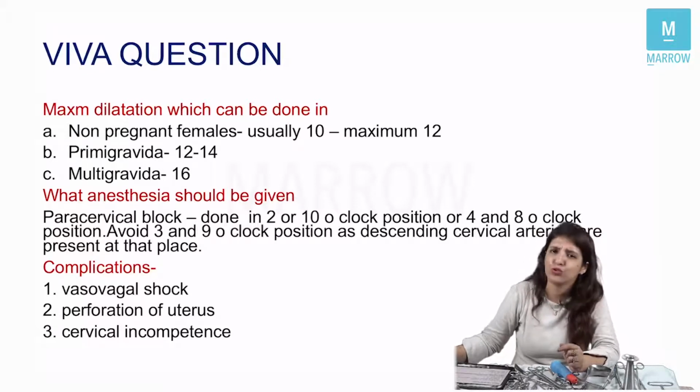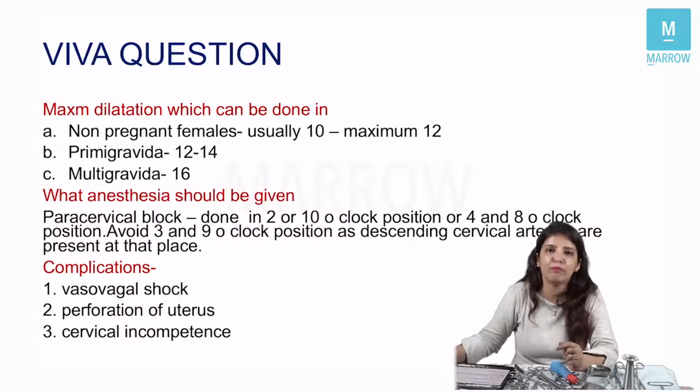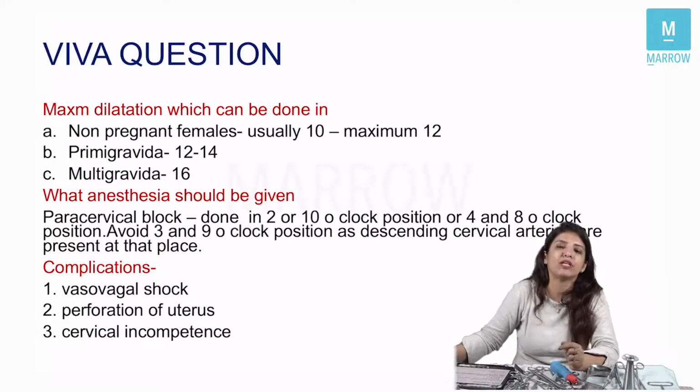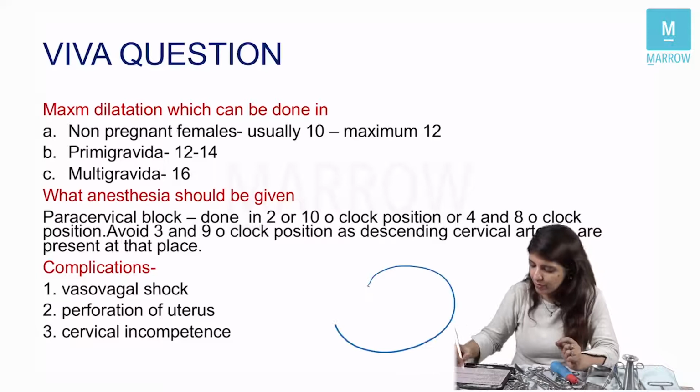Before you dilate, do you have to give any anesthesia? See, dilatation can be painful. So in order to prevent pain, you can give a paracervical block. Now, when you say paracervical block, the examiner is going to ask you at what sites do you give a paracervical block. So a paracervical block is given either at 2 o'clock and 10 o'clock position, or at 4 o'clock and 8 o'clock position, right?